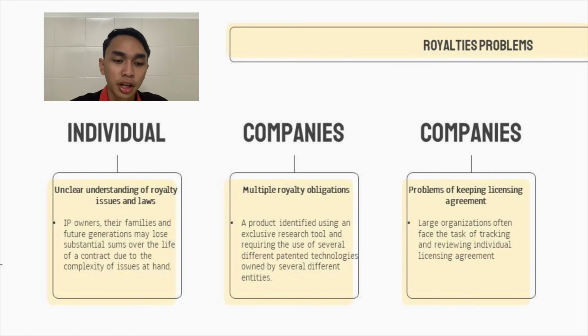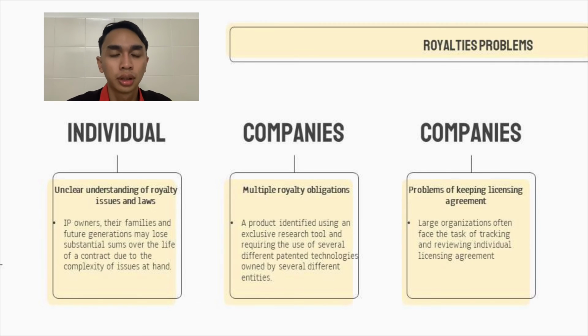IP owners, their families and future generations may lose substantial sums over the life of the contract due to the complexity of the issue at hand. It means that if the IP owner does not understand or manage the royalty very well, a problem will occur in the future.